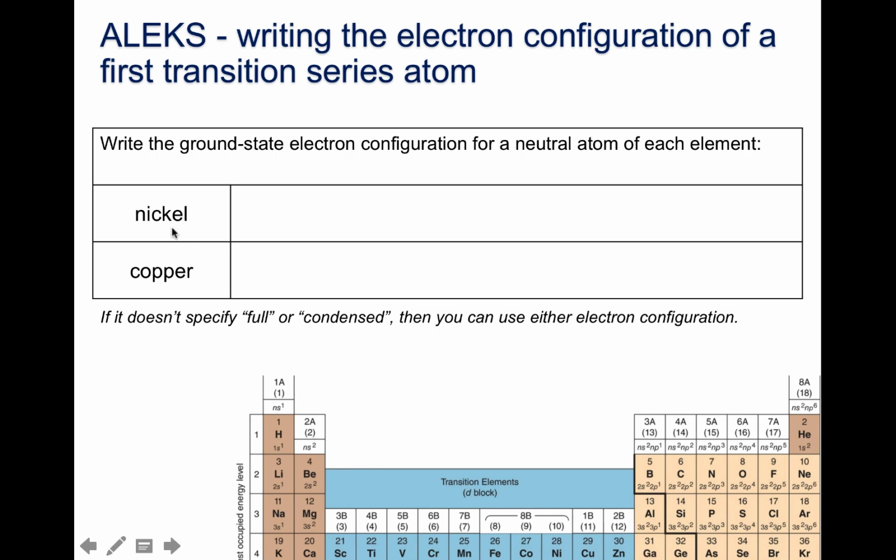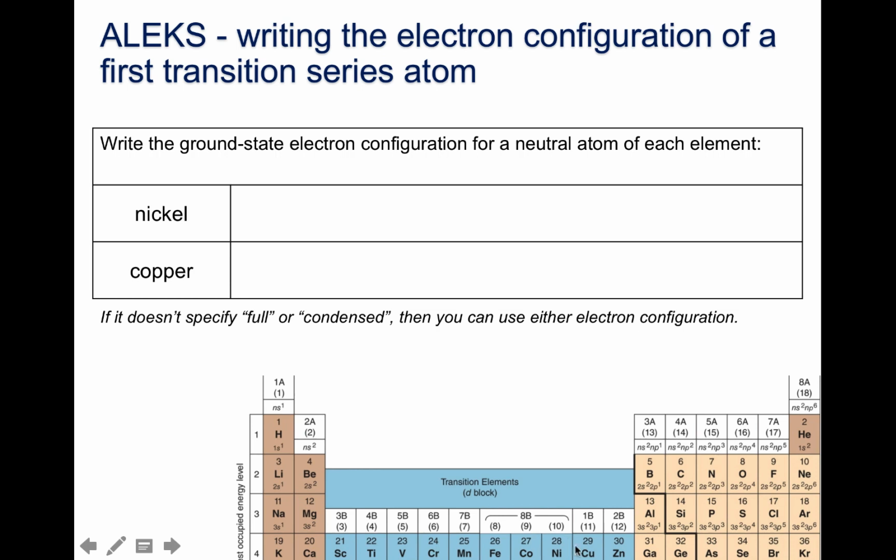All right, so for nickel, we're going to find nickel. It's in the transition block here. It's in this 3D sublevel, and if you count the positions, it's in position number 8. And so 3d8 would be the highest energy level, and anything that comes before it is assumed to be completely filled. And then when you're in the D block, don't forget to check for those weird elements that sort of break the pattern. And remember, those weird ones are chromium, so position number 4, and copper, position number 9.